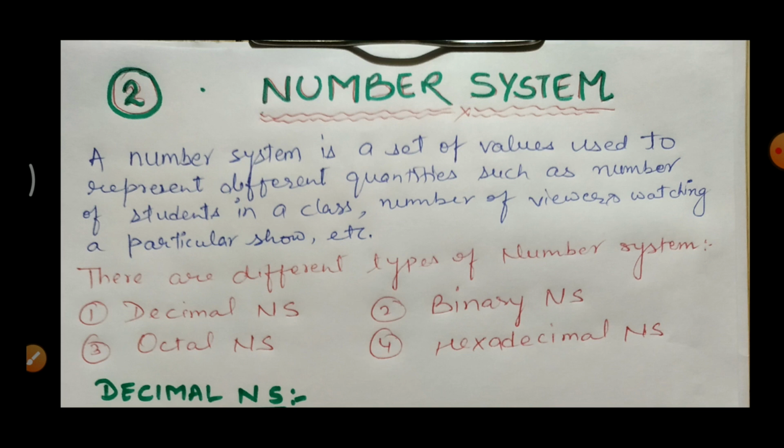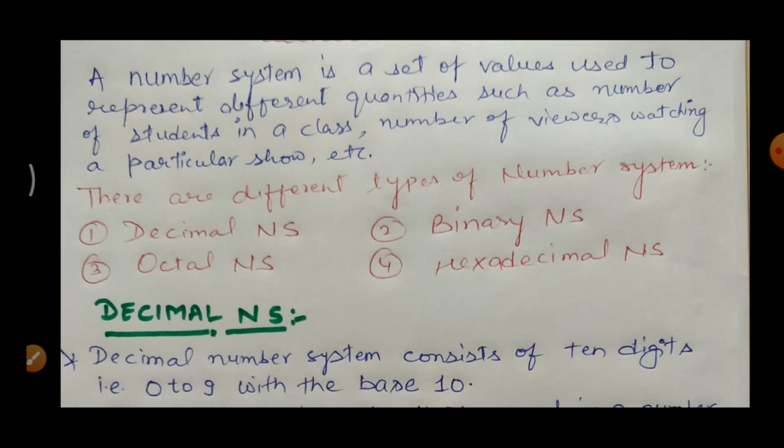So, to overcome these limitations, many number systems were introduced, like the decimal number system, binary number system, octal number system, and hexadecimal number system. So these are the four types of number system. Okay, so first of all I will discuss the decimal number system.